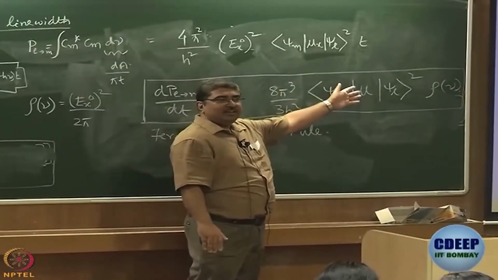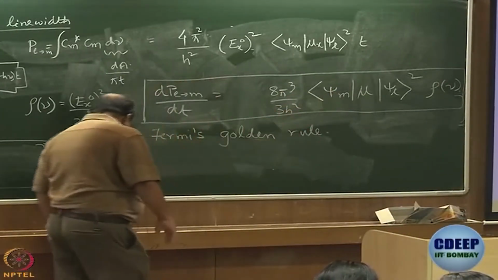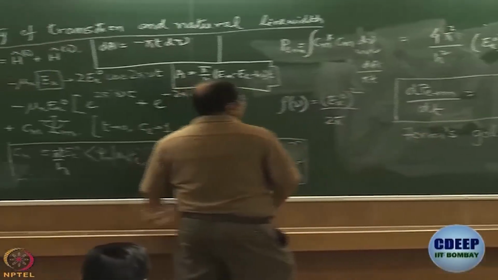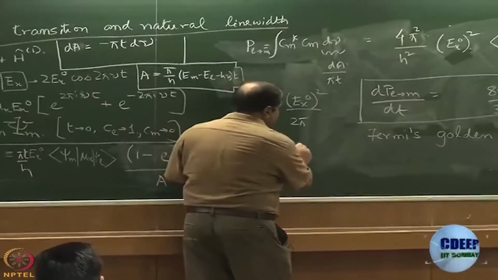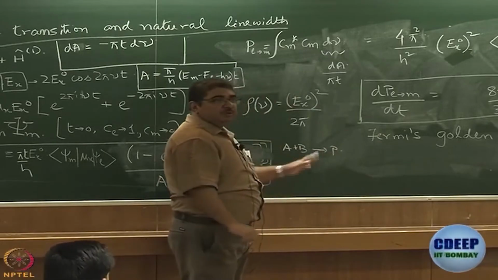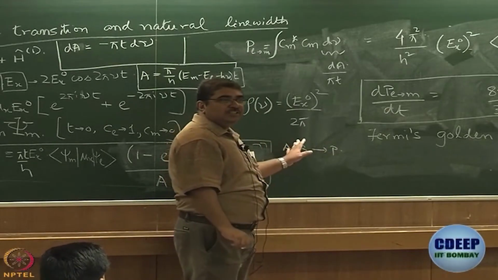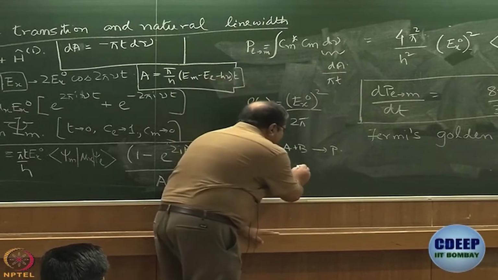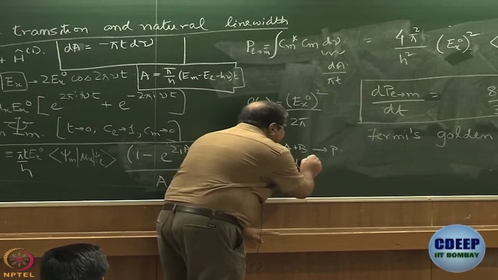Okay, it's something like, you are familiar with this kind of reaction, say A plus B forms products. It is not necessary that the rate will always be a concentration of A multiplied by concentration of B, but suppose it is, then what is it?